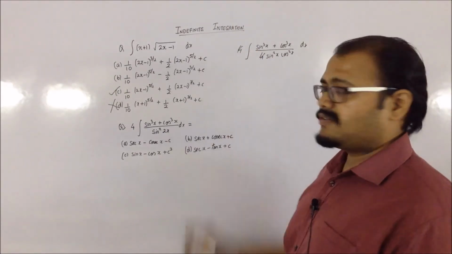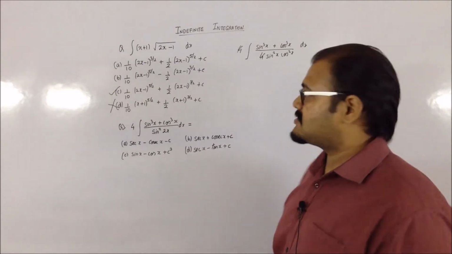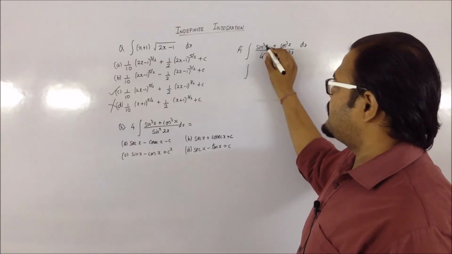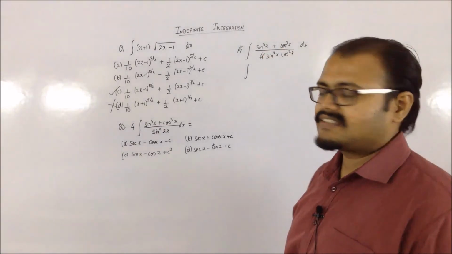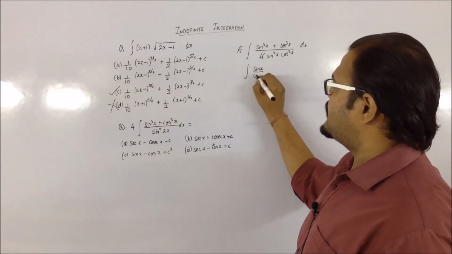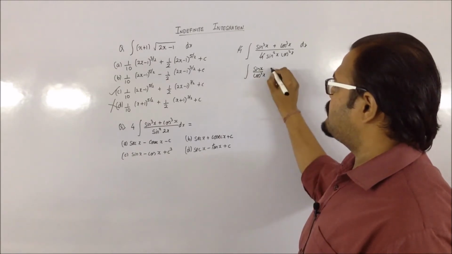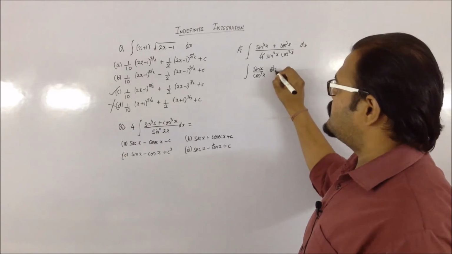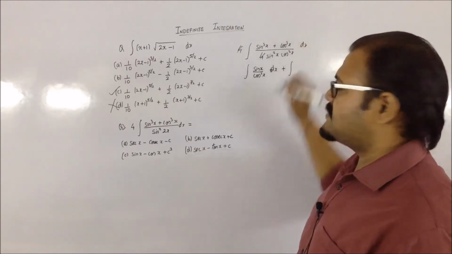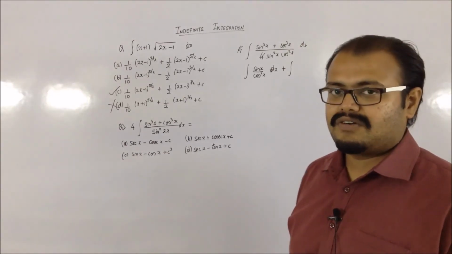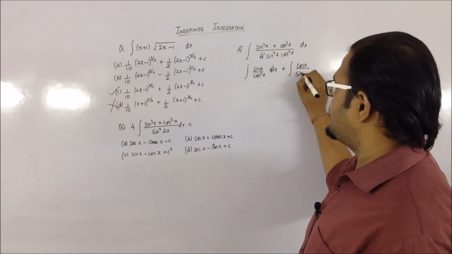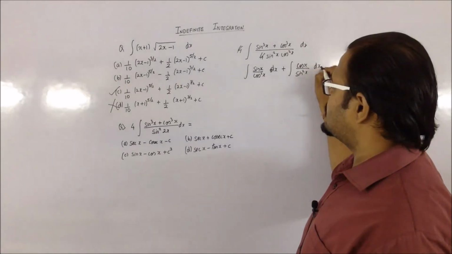Now what you will be doing is splitting it up. Once you split it up, you will be getting sin cube x divided by sin square x, which will give you sin x divided by cos square x dx, plus this second integral will be cos cube x divided by cos square x, which gives you cos x divided by sin square x dx.